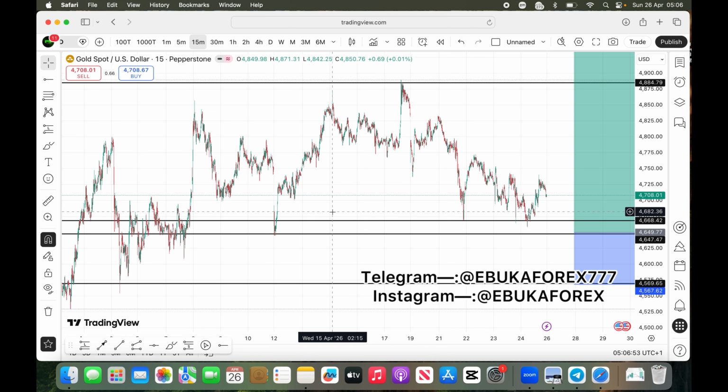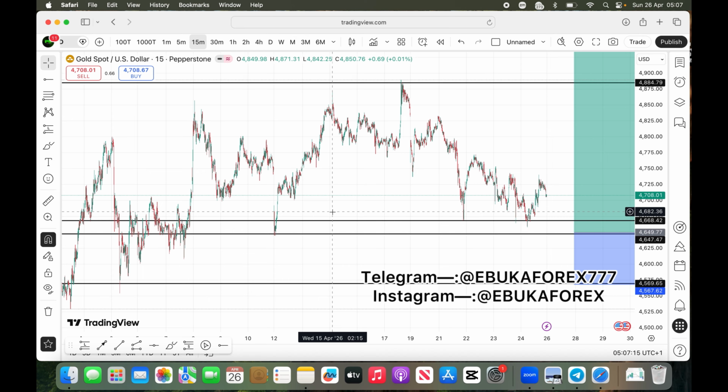And for you to be able to understand how the market structure works in line with the Killzone, you must focus on the major market reaction, which is how the highs and lows in the market are being created.